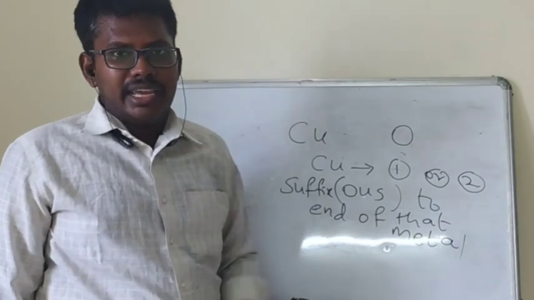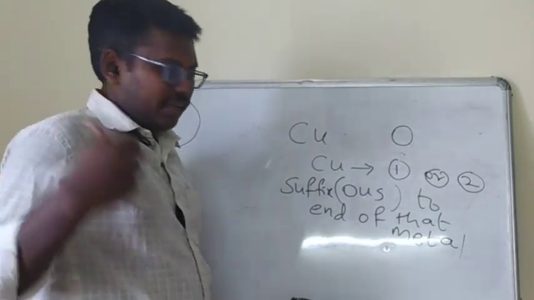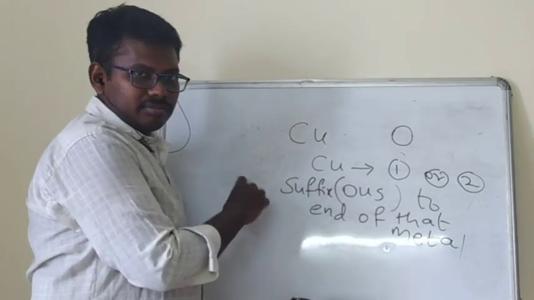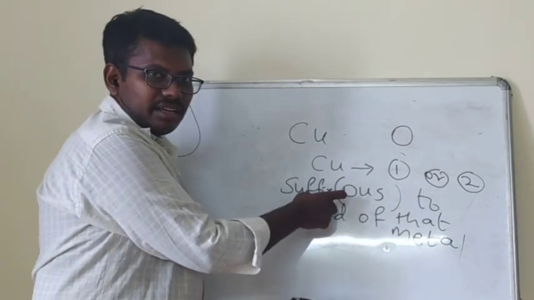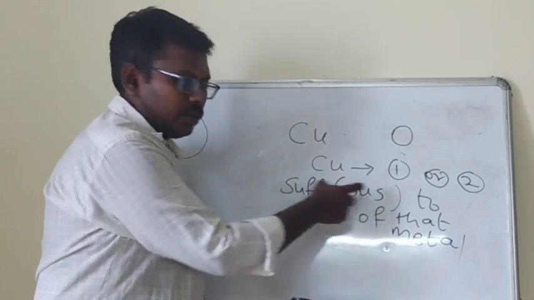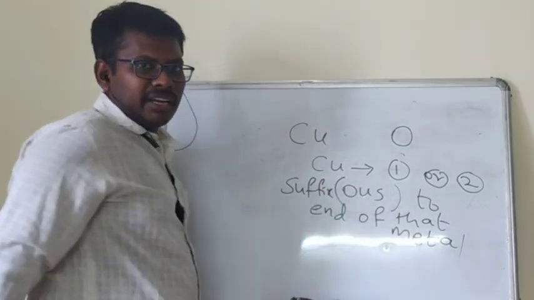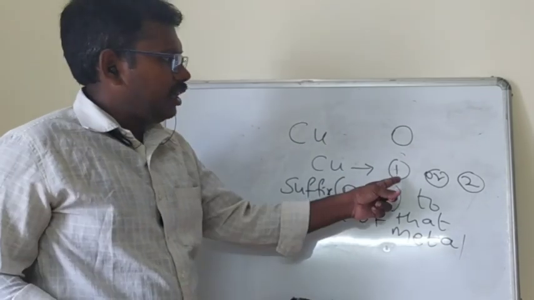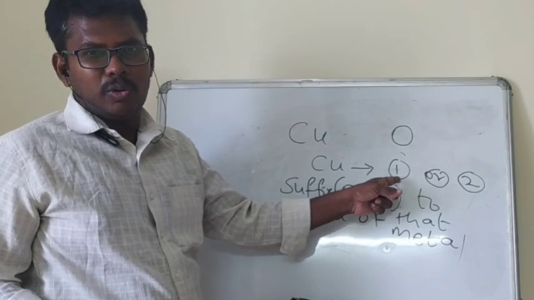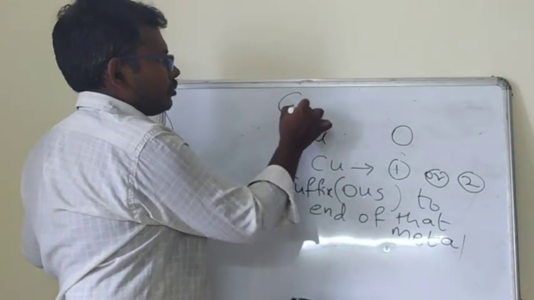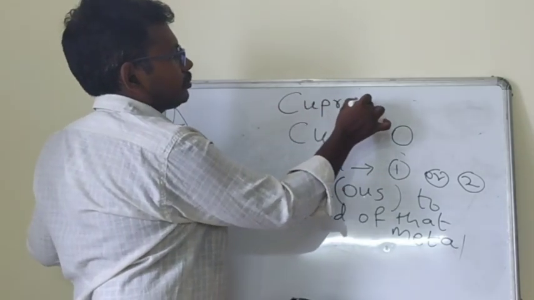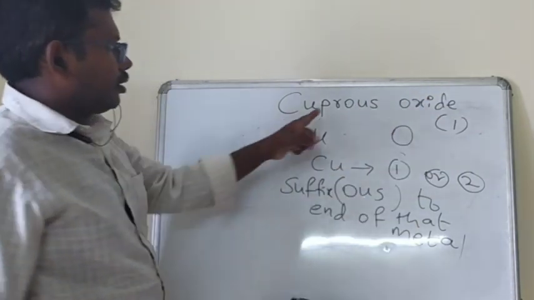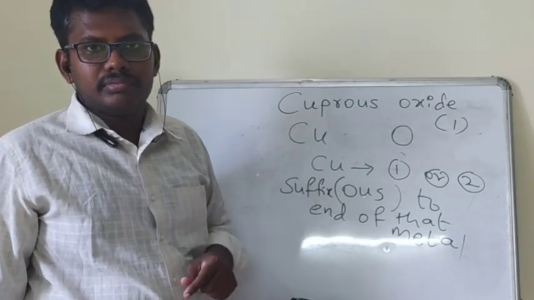If it is the lower valency, how to write the name? You must keep the suffix "ous" at the end of the metal. For example, copper with oxygen with valency 1, the lower valency, so the name is cuprous oxide.